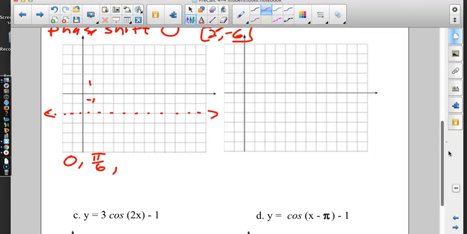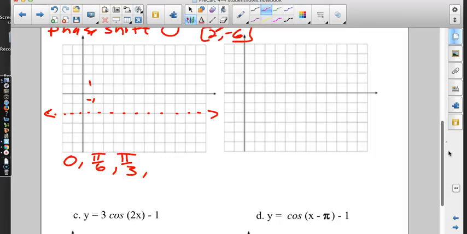I'm going to try and do this one without writing all the little things down, okay? So we start at 0, then we know our increments are pi over 6. 0 plus pi over 6 is pi over 6. Add another pi over 6 and reduce it for me. Go back to your thought before you were reducing it and add another pi over 6.